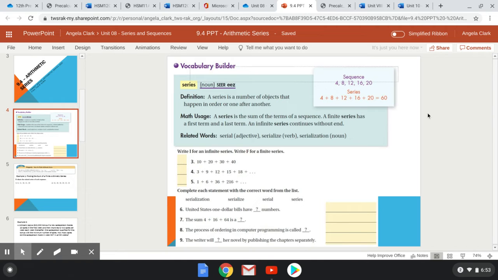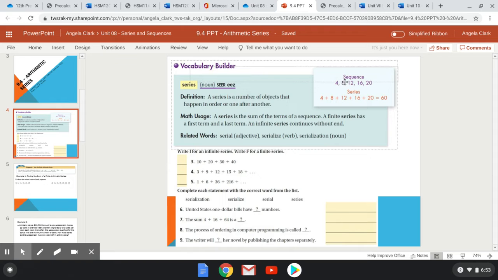All right, so a series is just a number of objects in a row. But unlike a sequence, when in math we use series, we're talking about their sum. So it's going to be the addition of the terms.